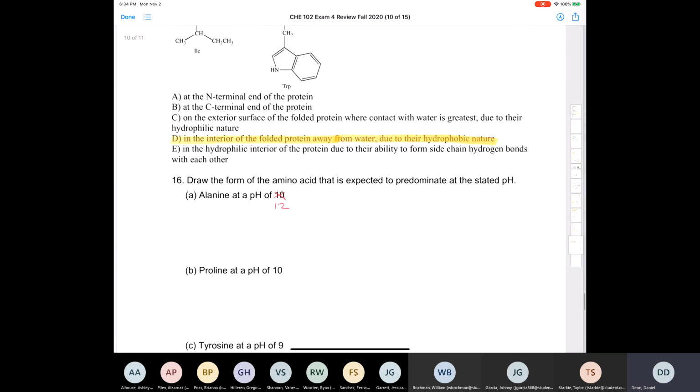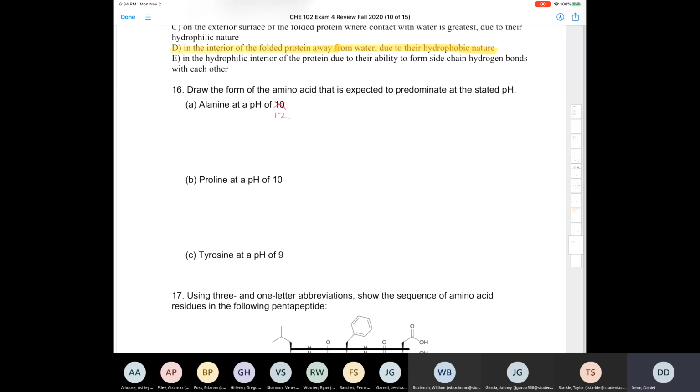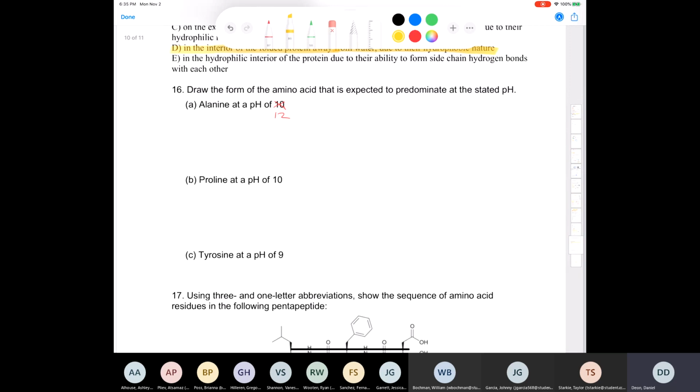Let's try to draw alanine at a pH of 12, and then let's draw tyrosine. So let's forget about B for now. Let's draw tyrosine at a pH of 2. Okay, so let me help you out with these.